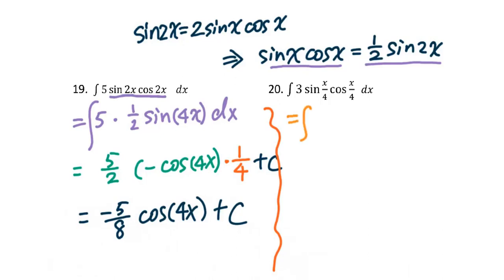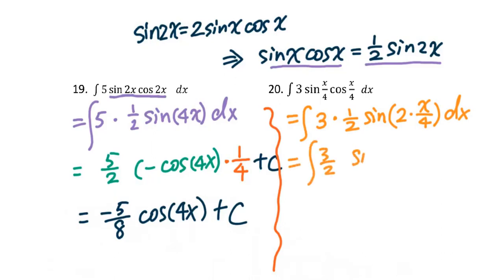So you will get 3 times sine x/4 cosine x/4, you will turn into 1/2 sine, that's 2 times x/4 dx. So you get the 3/2 sine, reduce, you will get the x/2, then dx. So this time you do the integral of sine.